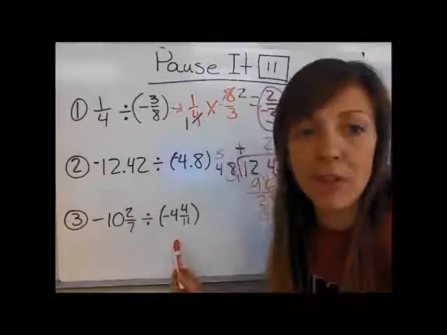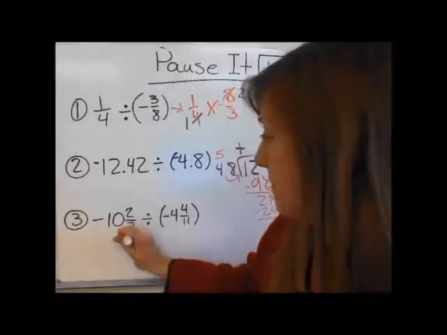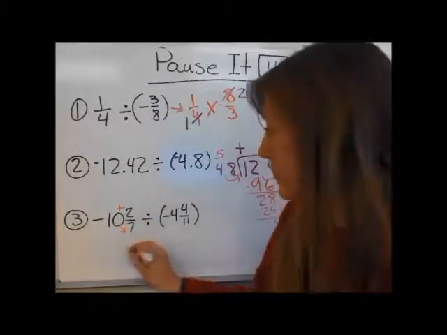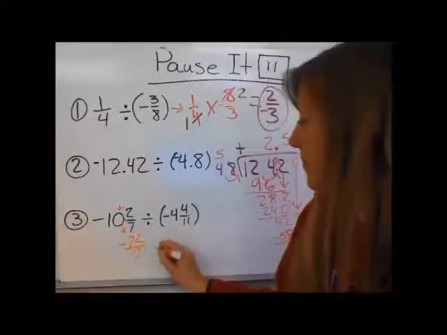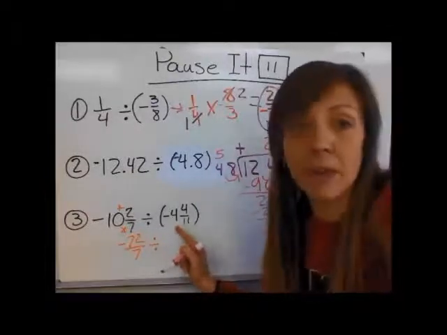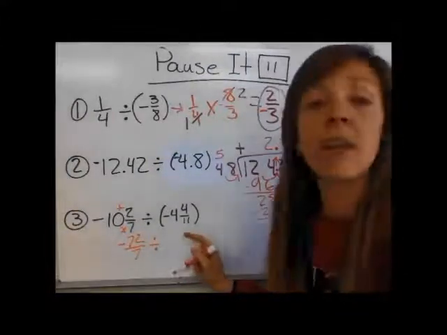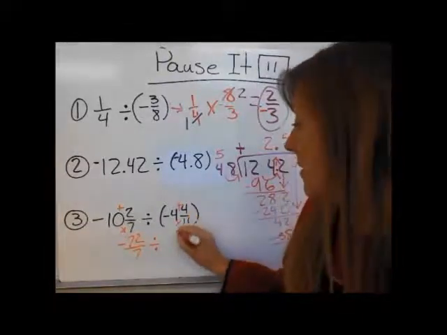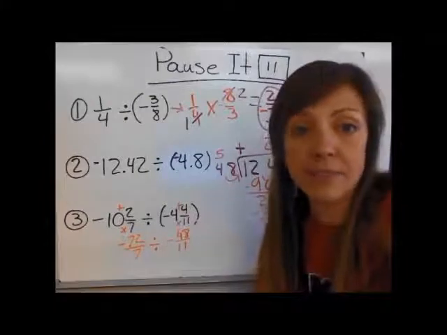We have mixed numbers, and we're going to change them mixed to improper. So bottom times big plus top. 7 times 10 is 70 plus 2 is 72. And it's negative. Divided by bottom times big is 44, plus 4 is 48. Negative 48 11ths.